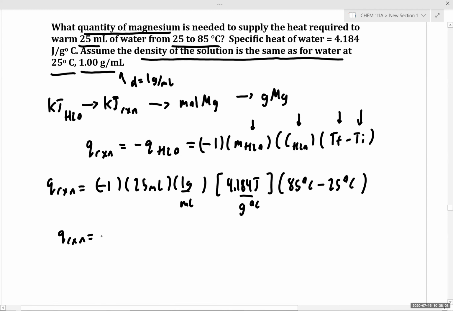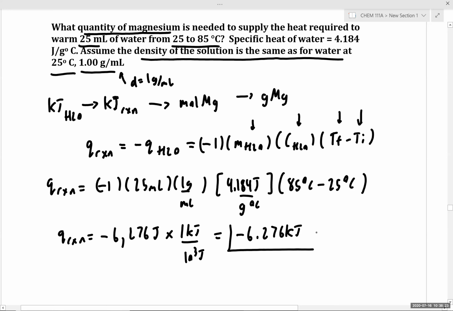That gives us a heat of reaction of negative 6,276 joules. And we know that in 1 kilojoule, we have 10 to the third joules, which gives us negative 6.276 kilojoules. Okay, so this is the heat absorbed by our water, and the negative sign converts it to the heat released by our reaction.